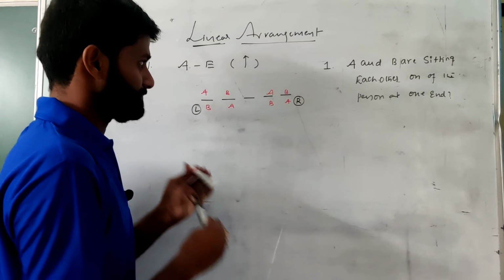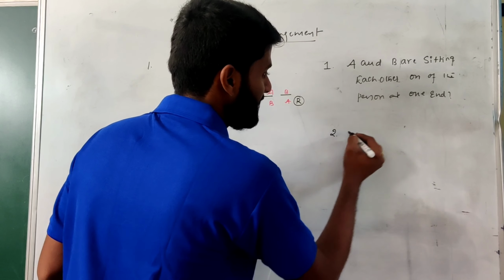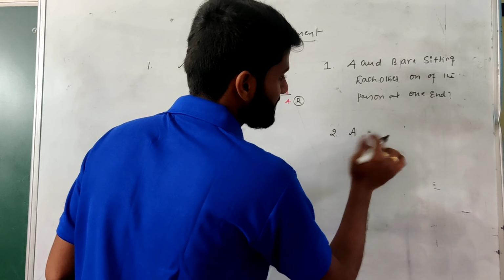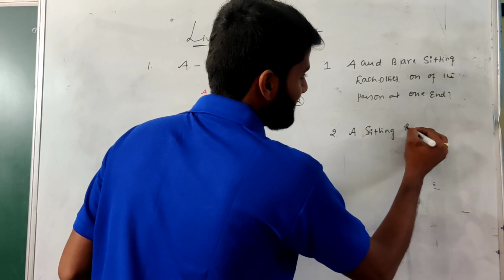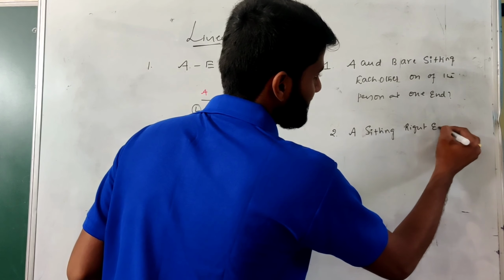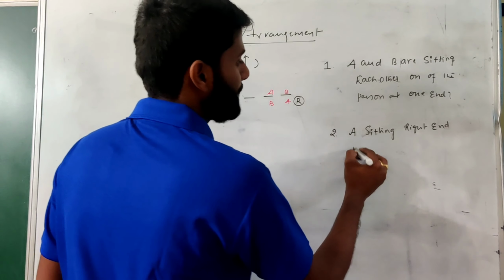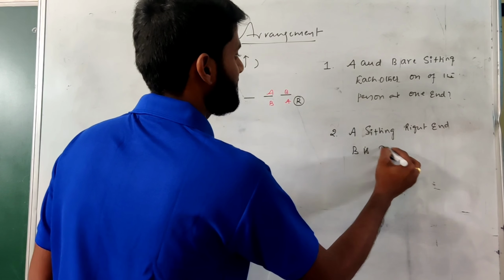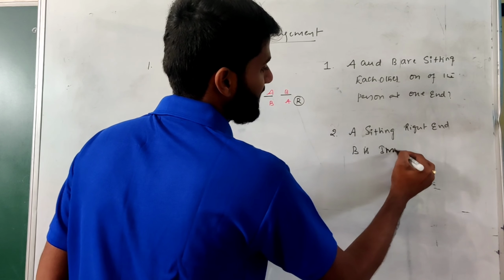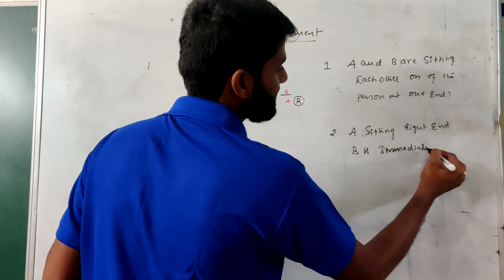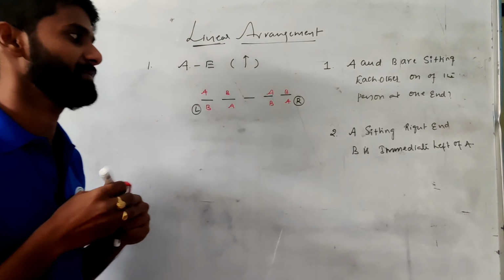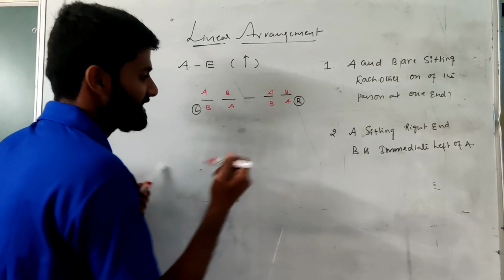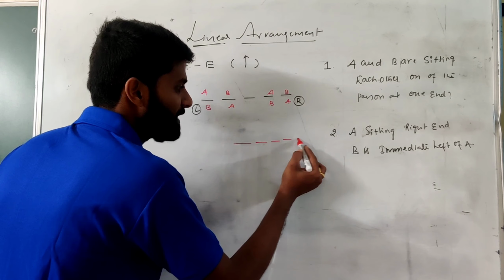Okay, for example, statement number 2: A is sitting at the right end, and B is immediate left of A. If these statements are given, again we have five persons.